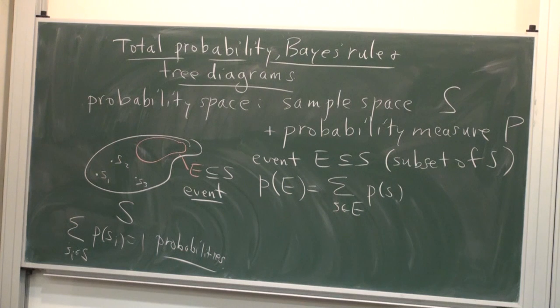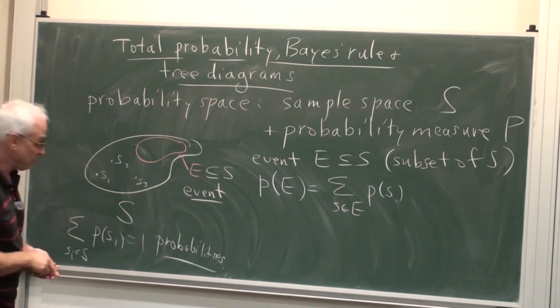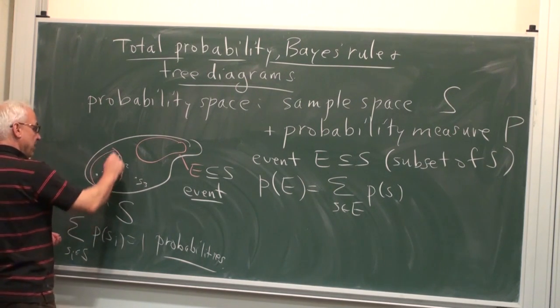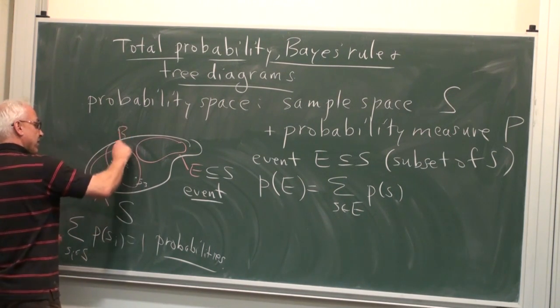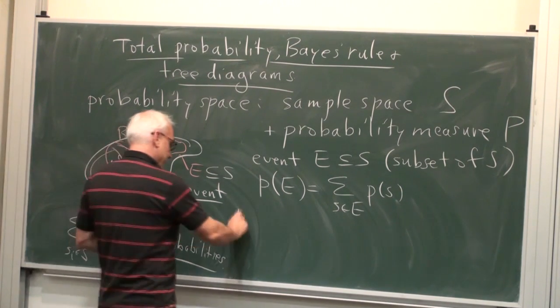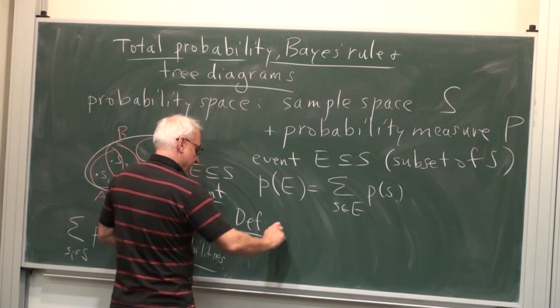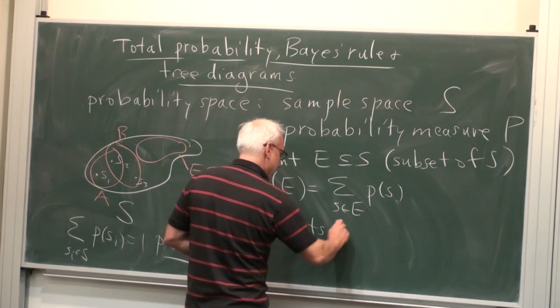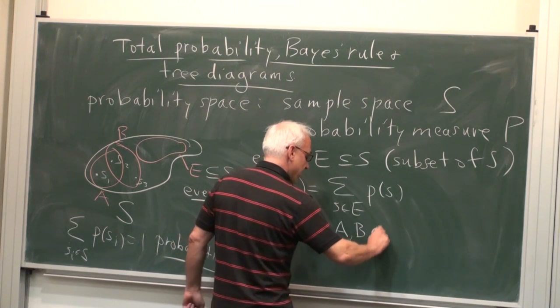And now we have this idea of the independence of events. So maybe we have two different events, A and B. And we say that events A and B are independent.